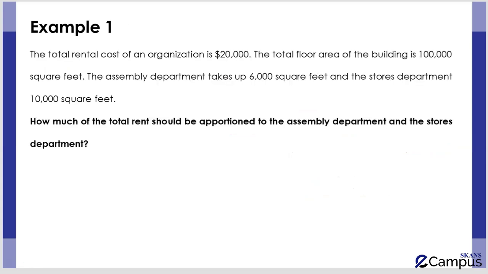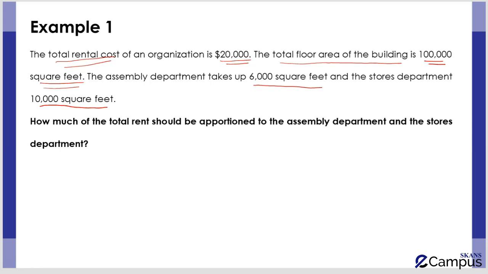Here we have an illustration. What it says is the total rent cost of an organization is $20,000. Remember, this cost is of the whole organization. The total floor area of the building of the organization is 1 lakh square feet. The assembly department takes up 6,000 square feet and the stores department takes 10,000 square feet.